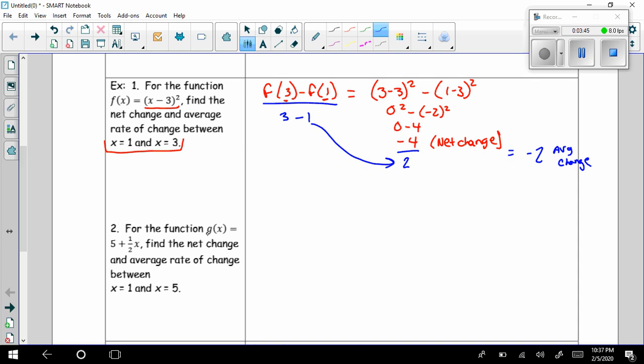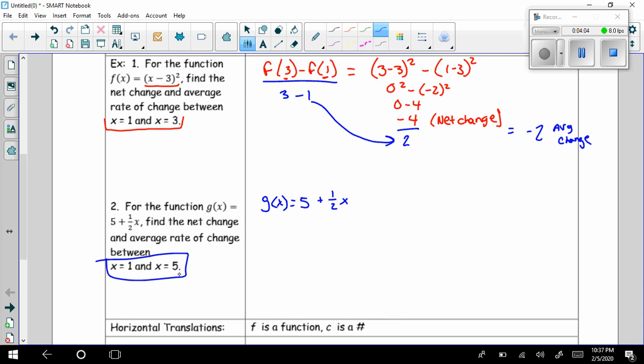All right, so here's another one for the function g of x equals 5 plus 1 half x. Find the net change and the average rate of change between these 2 points. G of x here is a linear function, so your average rate of change should be fairly constant, but we're still going to go ahead and solve this out.